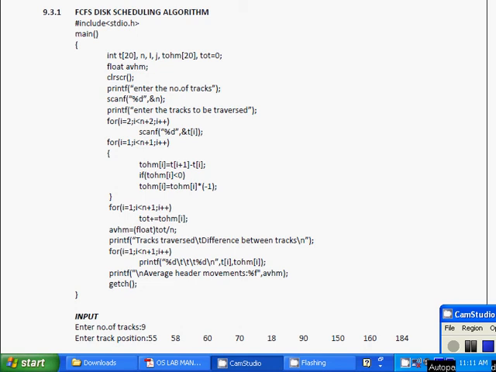Let us consider this scheduling algorithm with the help of an example. Let us consider a disk queue with requests for input-output to blocks on cylinders 98, 183, 37, 122, 14, 124, 65, 67, in that order.